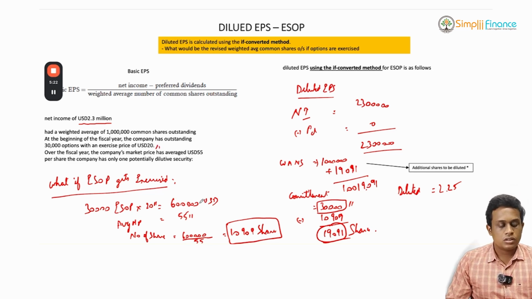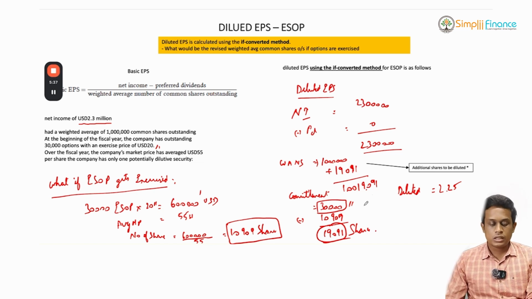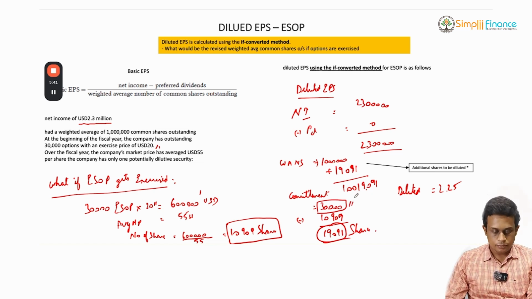You got 600,000 USD, and with the average market price of 55 you could procure from the market 10,909 shares, but you had a commitment of 30,000. So additionally, you'll have to dilute 19,000 shares to satisfy this commitment of 30,000. With this, we finish the ESOPs.